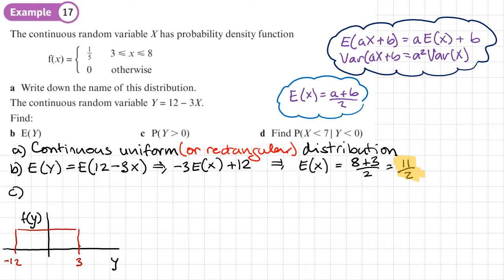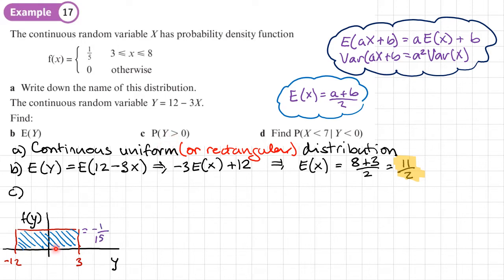Now we know that area is 1, and what we're interested in is the height. This width here is 15, so the area 1 divided by the width 15 gives us the height, which is 1 over 15.